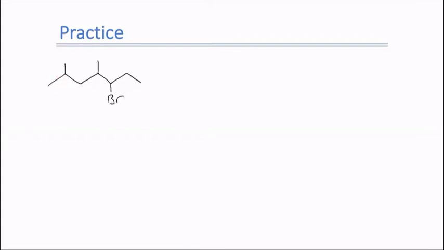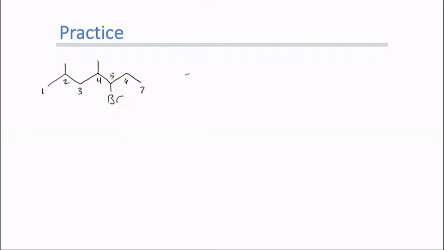There's one, two, three, four, five, six, 7 carbons in the parent chain. And this methyl group is closest to the end. The bromine here, it's a little further in, so it doesn't count as the first substituent. So we'd number it 1, 2, 3, 4, 5, 6, 7. And we have a methyl group on carbon 2 and carbon 4. Then we also have our bromine on carbon 5.